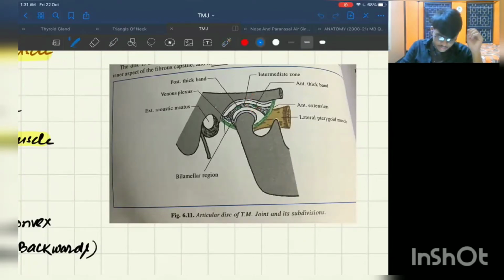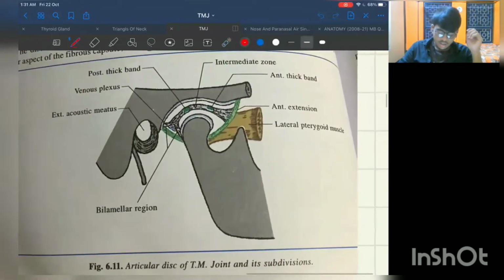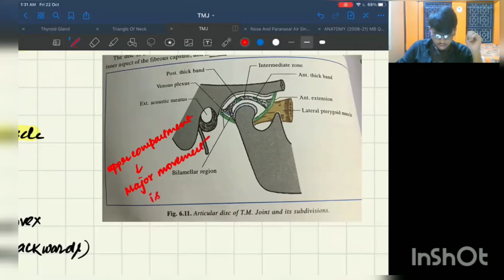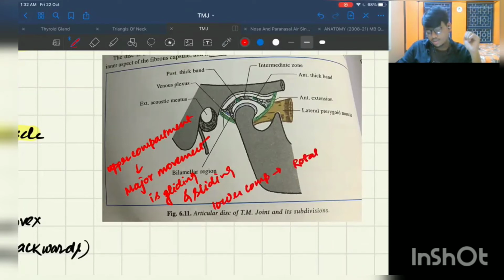Please don't forget one very important thing: in the upper compartment, the major movement is gliding and sliding movement, and in the lower compartment, the major movement is rotatory movement.